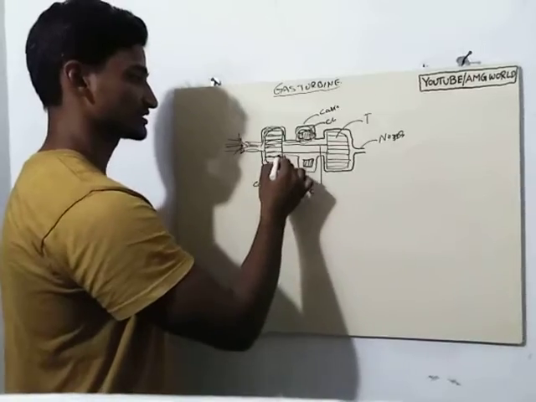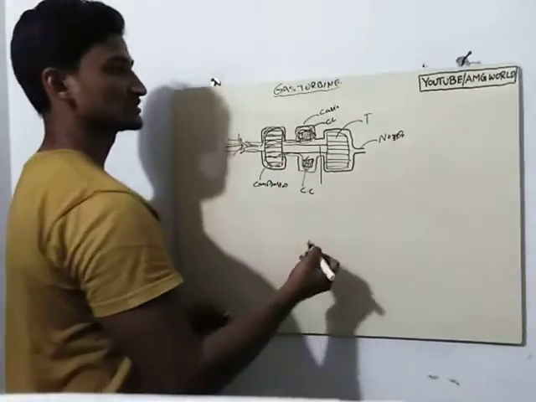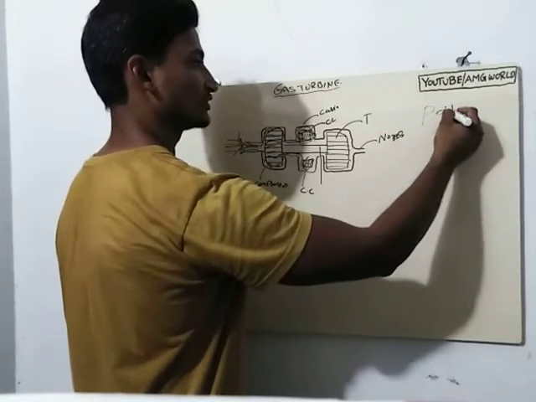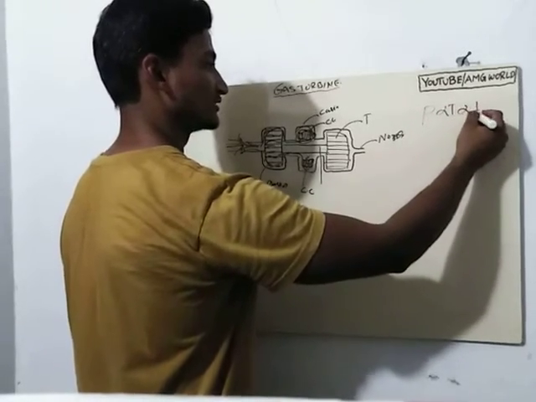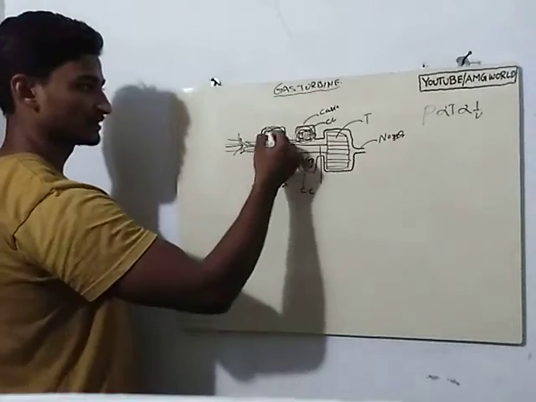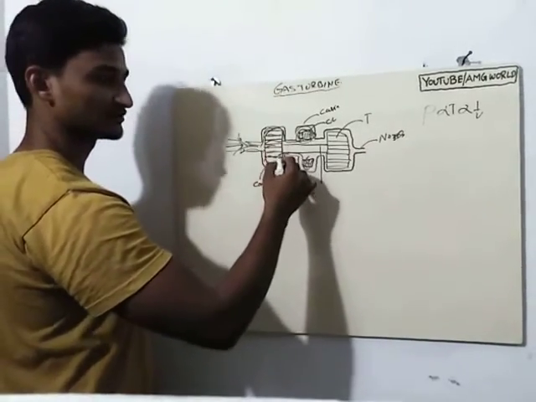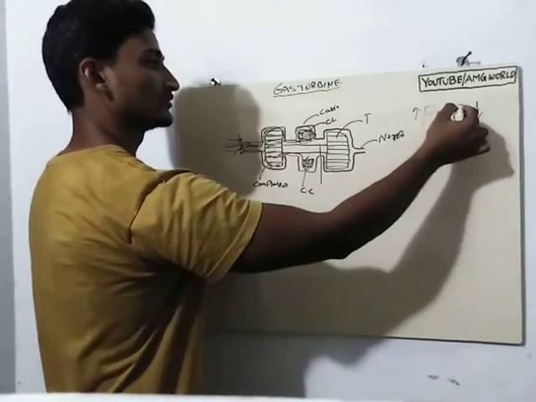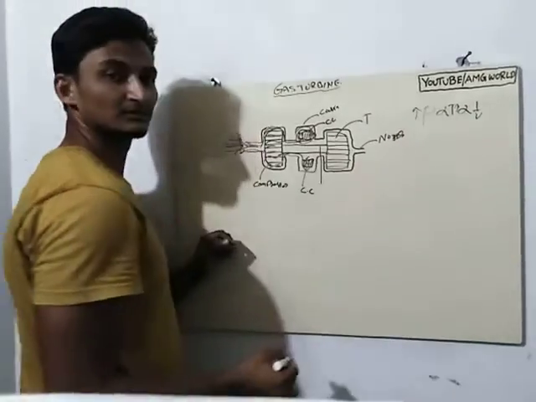Through this combustion chamber, what happens? We have a general law: P is directly proportional to T and inversely proportional to V. Look here, the pressure increases, which means the temperature is increasing.